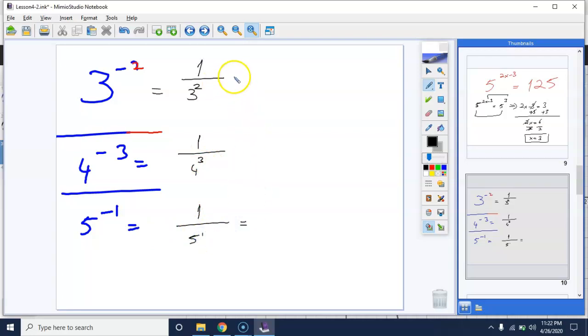So it should be 1 over 3 squared, which is 9. That's my answer: 3 to the negative second power equals 1 over 9. And this one should be equal to 1 over 4 times 4 times 4, which is 64. And lastly, 5 to the first power is just 5. Okay, that's how we deal with negative exponents.